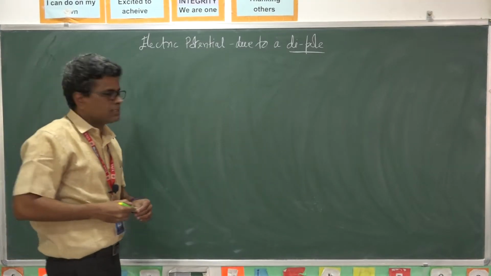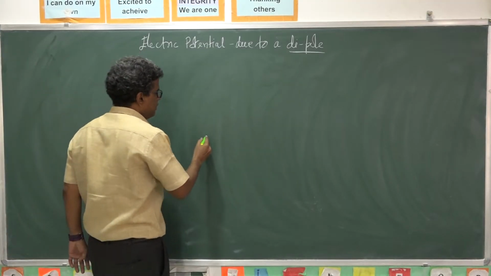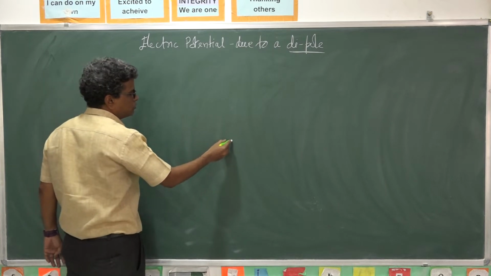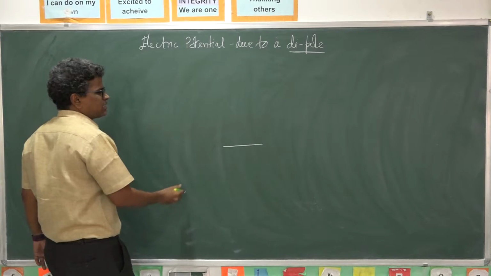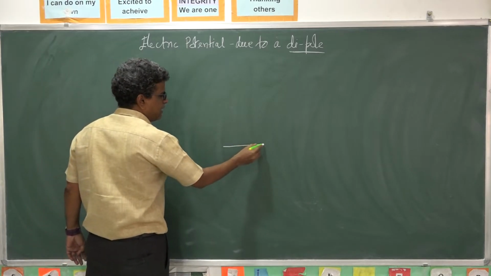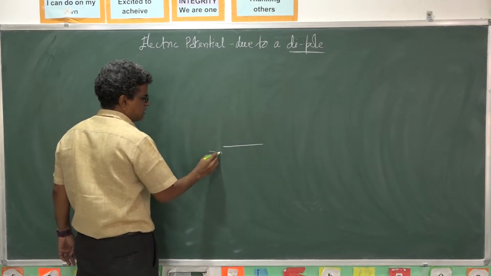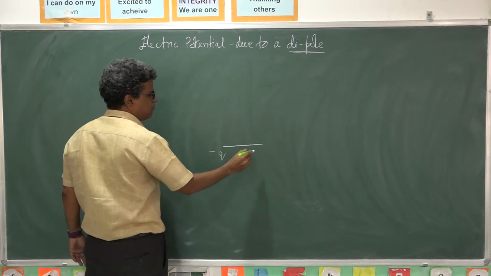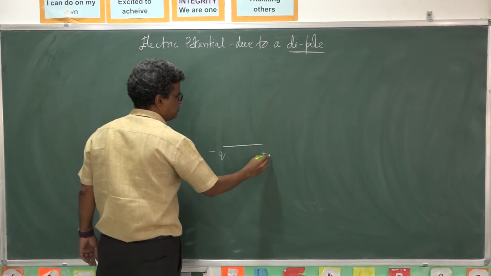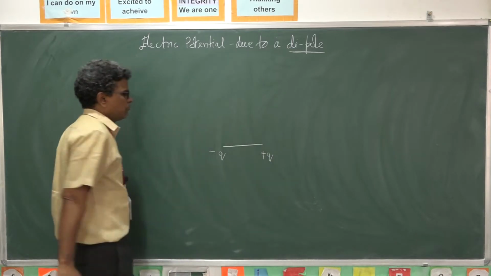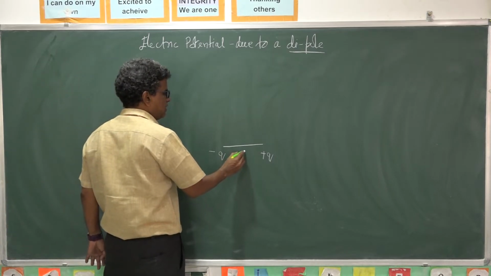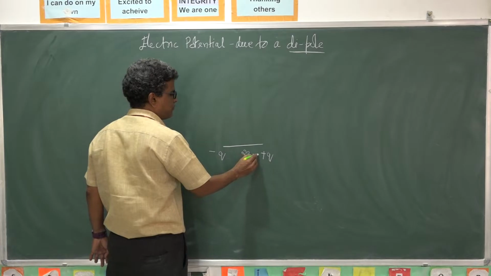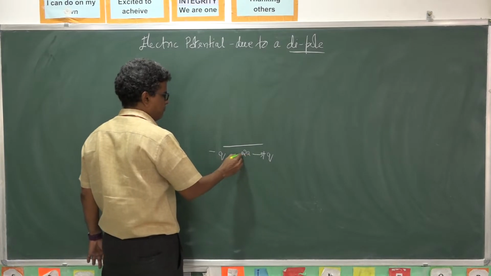You know that a dipole is two identical charges separated by a short distance. Let it be minus q and plus q, separated by a short distance, let it be 2a, the separation between them.